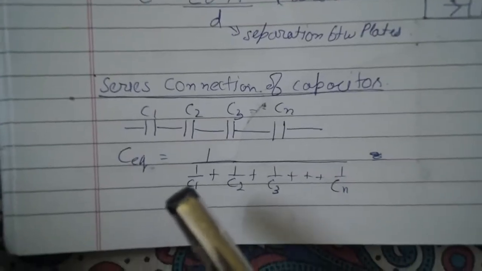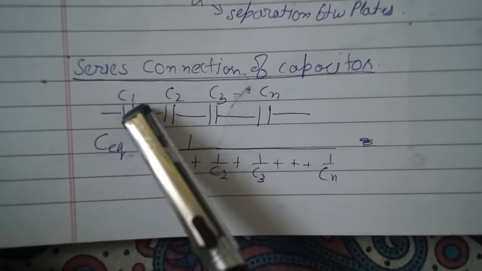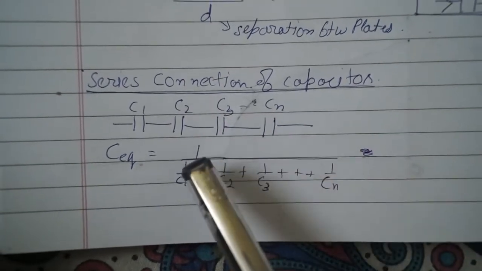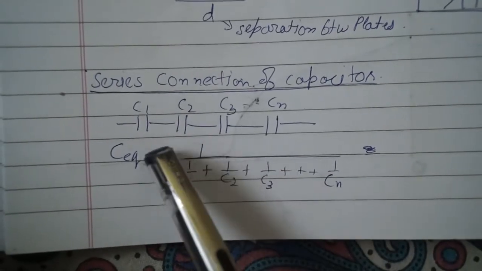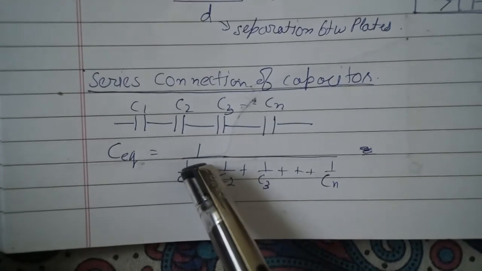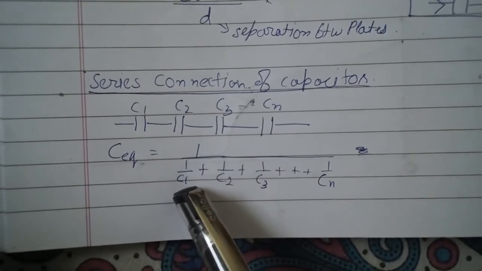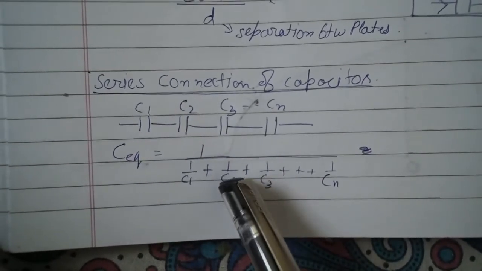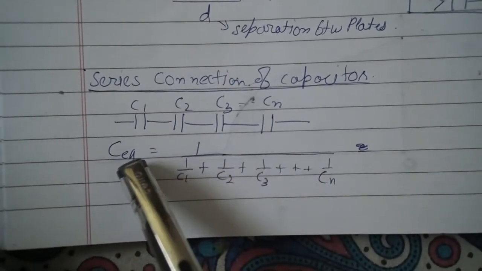Okay, then we have two types of connection. If we connect the capacitors in series, we get the equivalent capacitance equals 1 divided by, 1 by C1 plus 1 by C2, and so on.